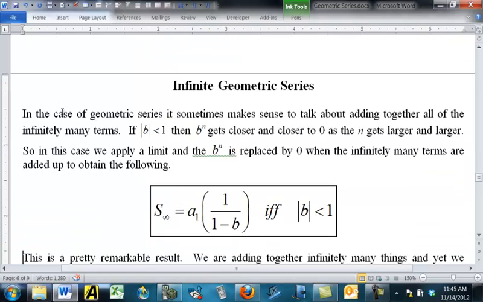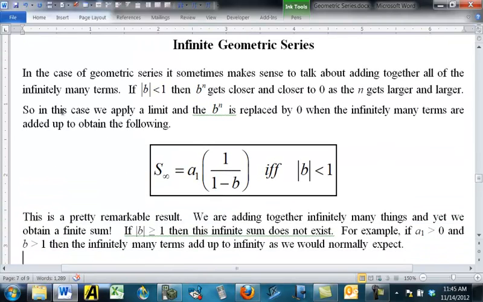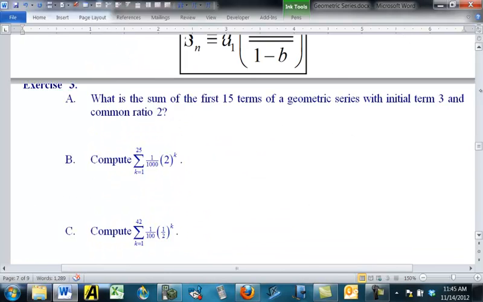Now there is something really interesting here, a neat idea that we didn't get in the case of an arithmetic series. In the case of a geometric series, it actually sometimes makes sense to talk about adding together all of infinitely many terms. This works if the absolute value of b is less than 1. So when this happens, the b to the n in this formula, let's look at our formula.